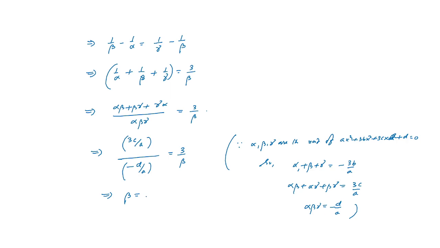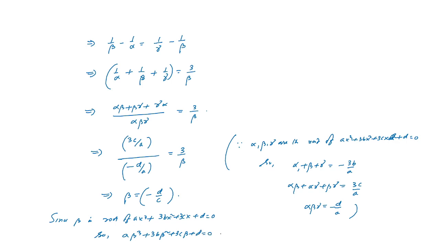And from this we can write beta equals to minus c by d. Now since beta is a root of ax cube plus 3bx square plus 3cx plus d equals to 0, what we have is a beta cube plus 3b beta square plus 3c beta plus d equals to 0.